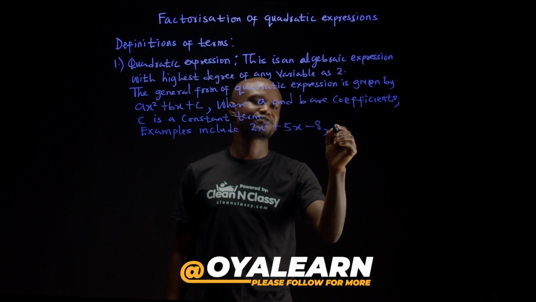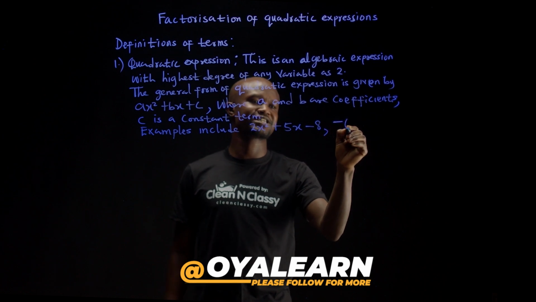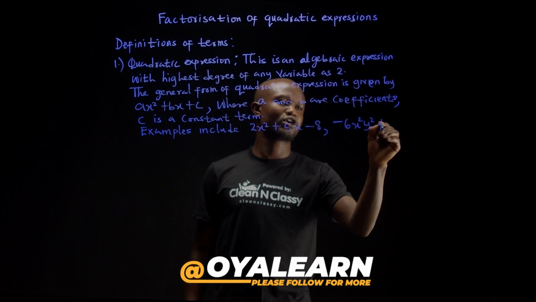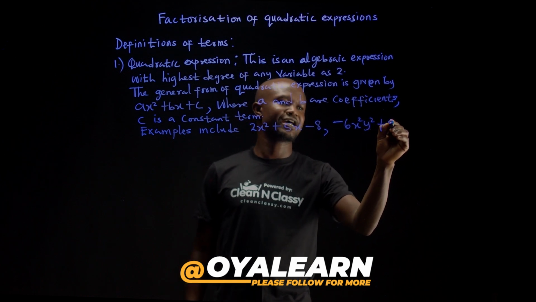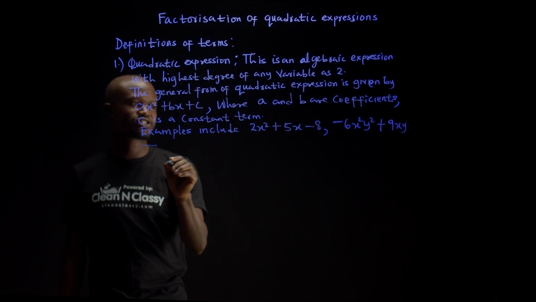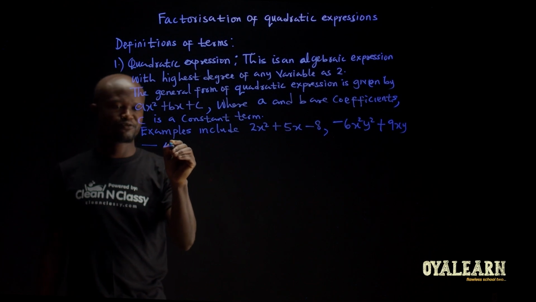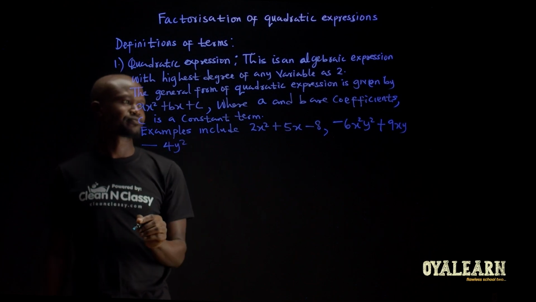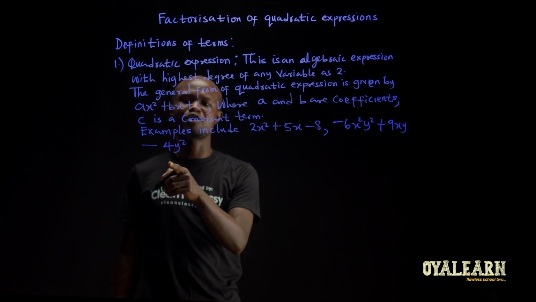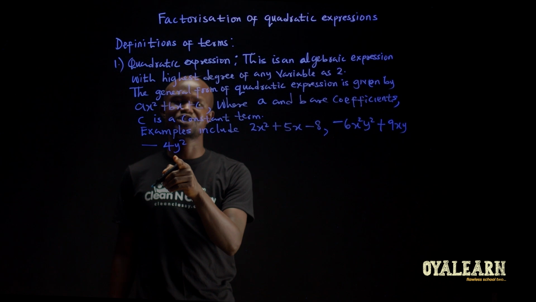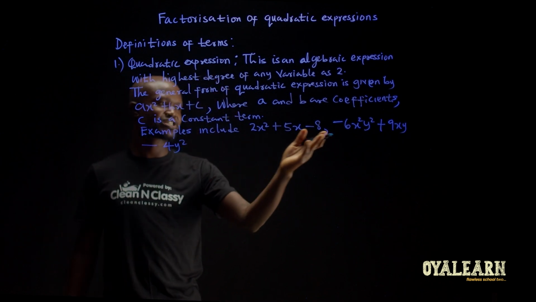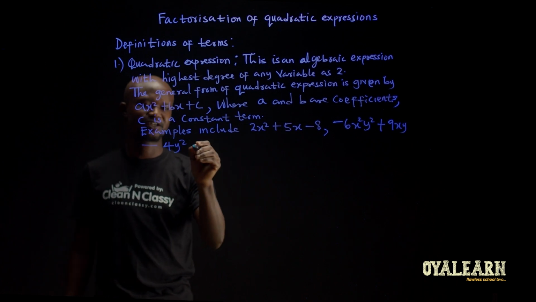We can also have minus 6x squared y squared plus 9xy minus 4y squared. This is another form of quadratic expression. So we have a lot of them. So we just have 2 examples here.